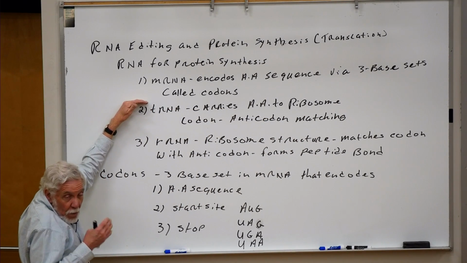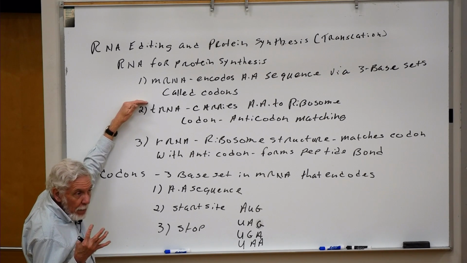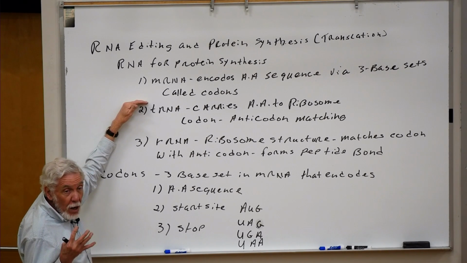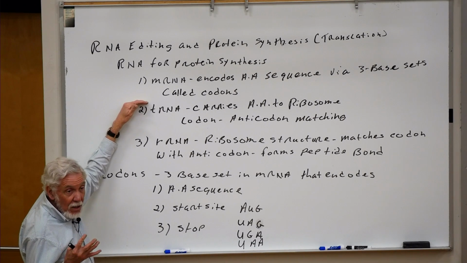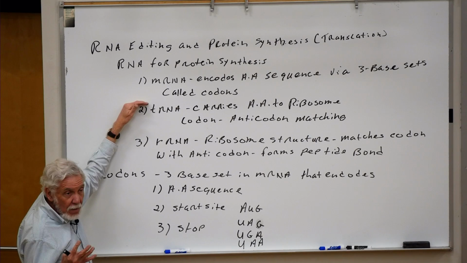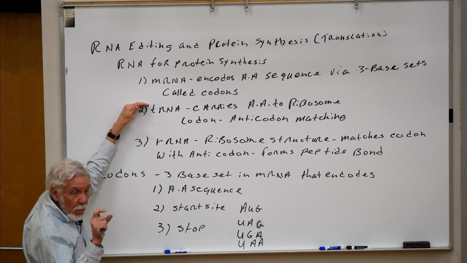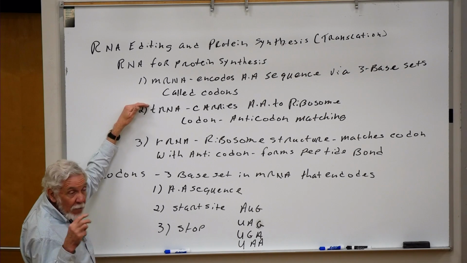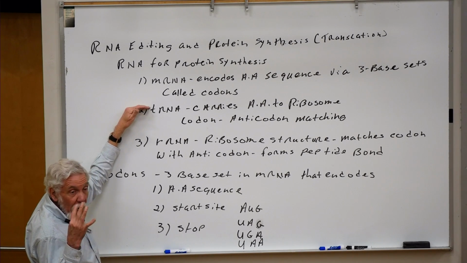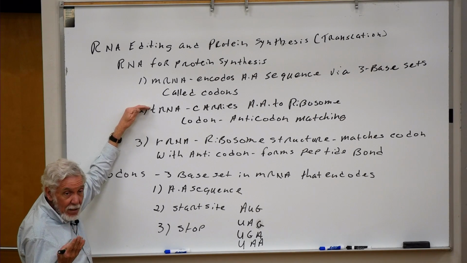Now, remember there are 4 bases in the RNA. If each base corresponded to an amino acid, we would be stuck in a world with 4 amino acids. If we used 2 bases, if you look at how you can rearrange 4 bases into different combinations, you get 16.